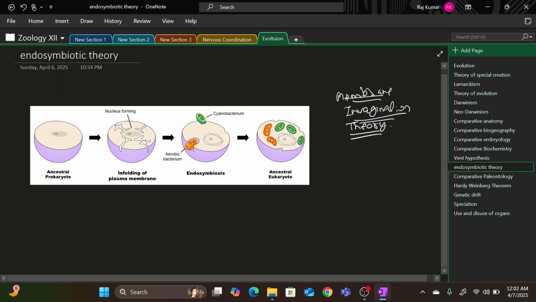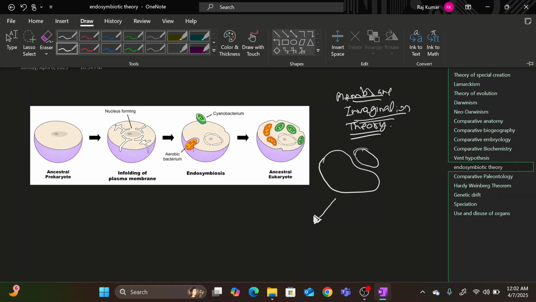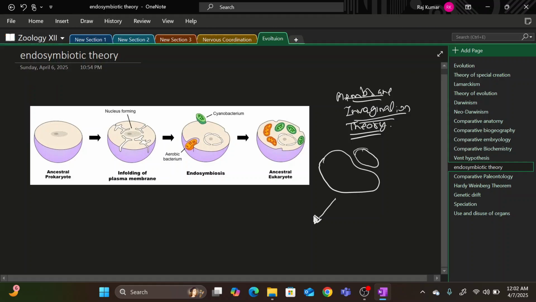The membrane invagination theory says that there was a bacteria. It tried to invaginate or attack another prokaryote. When it did, it formed a layer around the other prokaryote.